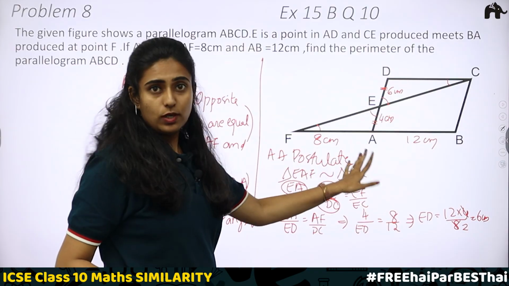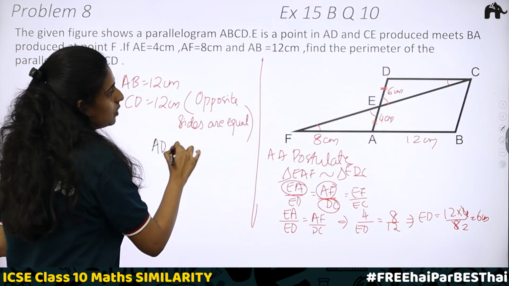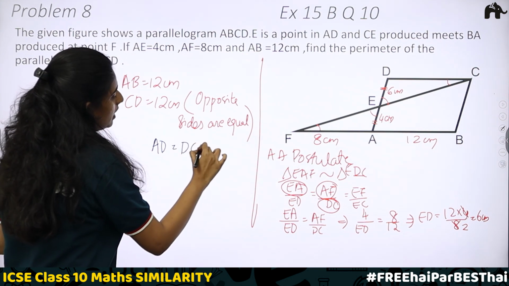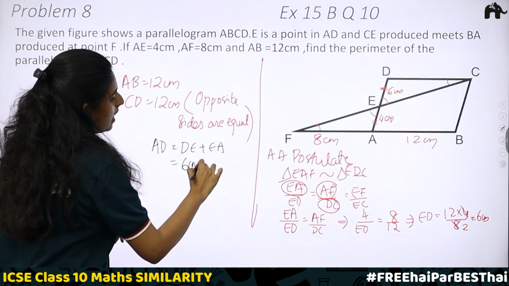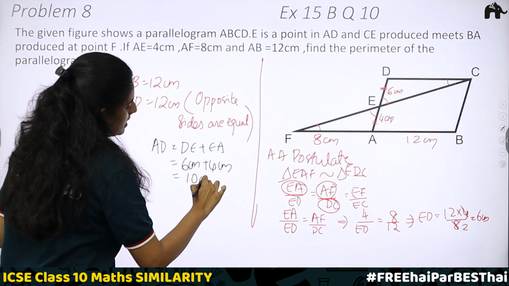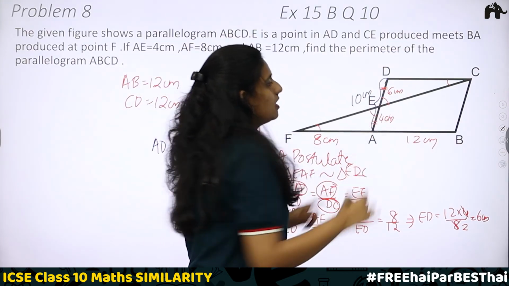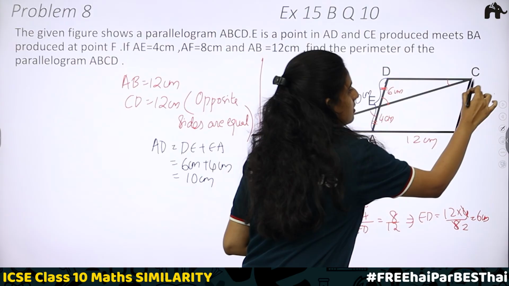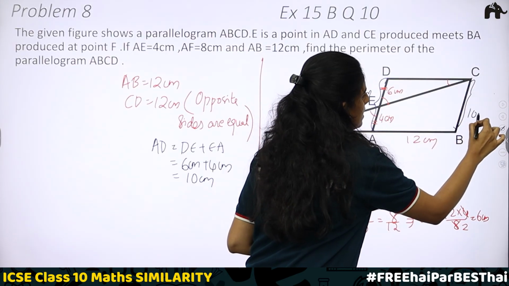If ED is equal to 6 centimeter, then AD is equal to DE plus EA. DE is 6 centimeter and EA is 4 centimeter, which is equal to 10 centimeter. The side opposite to this, BC, will also be equal to 10 centimeter.